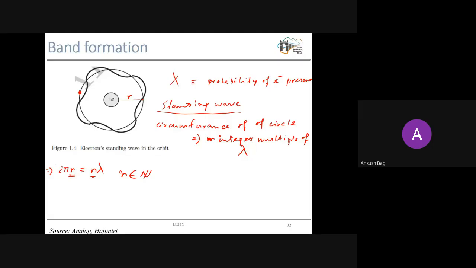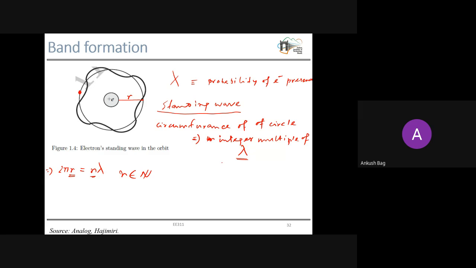From this particular equation, another conclusion we can draw is that all these circumferences, or these paths, are discretized or quantized. It cannot take any path. Soon we'll see that due to this condition for having a standing wave, that means the circumference of the circle equal to an integer multiple of wavelength, we have discrete energy levels.